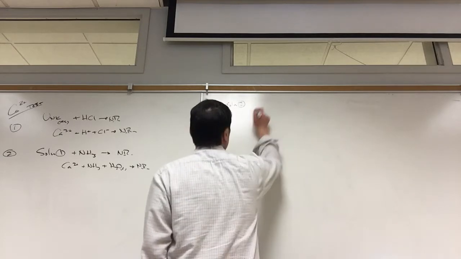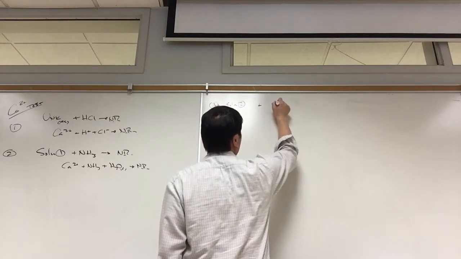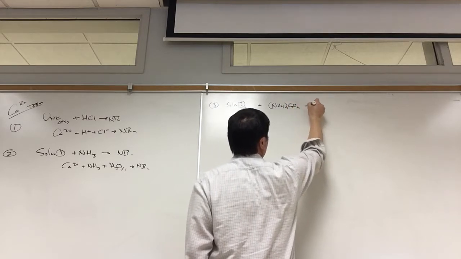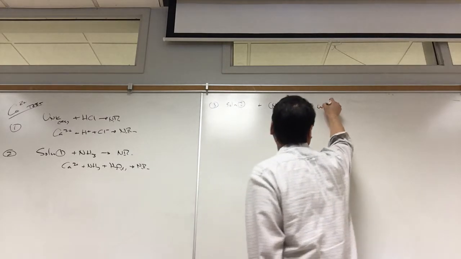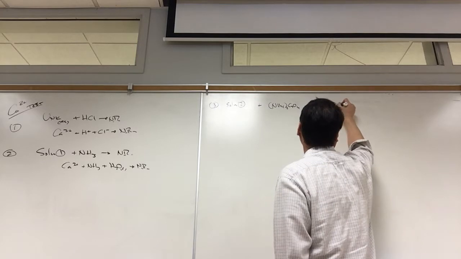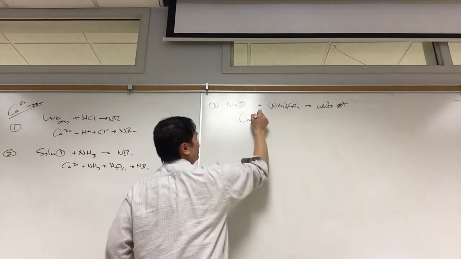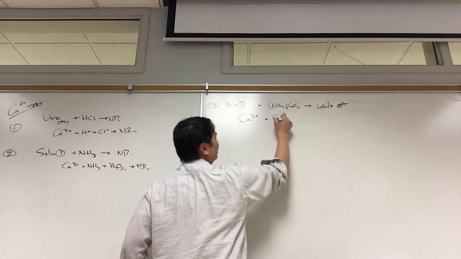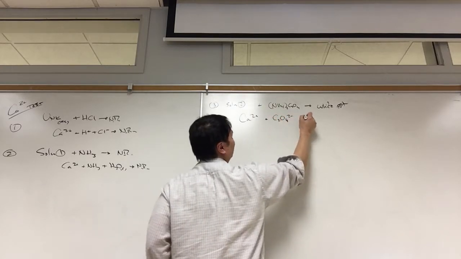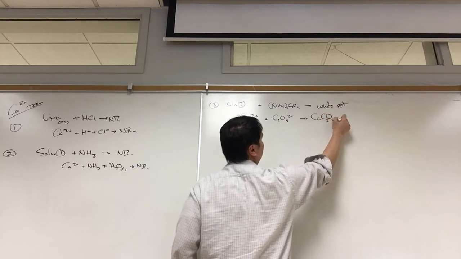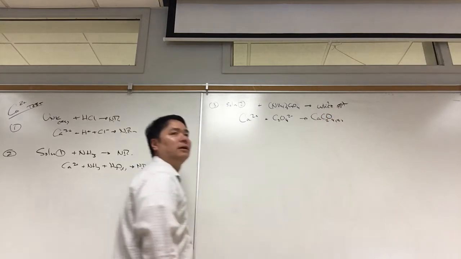Yep. All right, so here we add the ammonium oxalate, and we get a white precipitate. Calcium likes oxalate to form calcium oxalate. Kidney stones. Yeah.